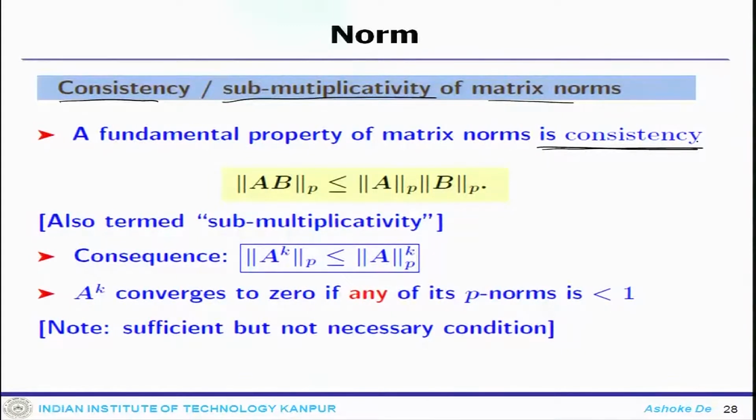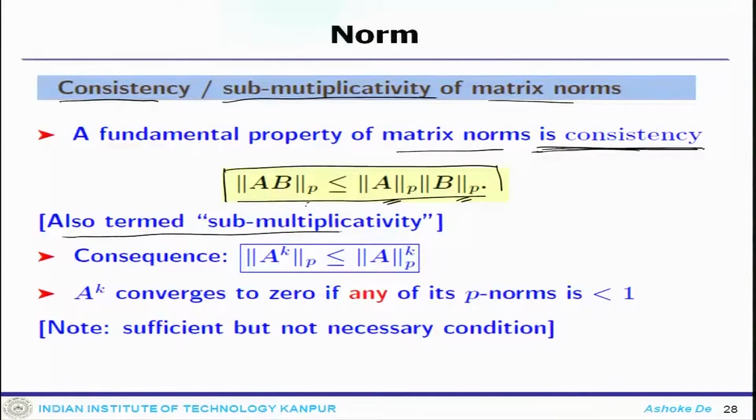You do not want anything which is non-consistent, and for that to happen, some parts, bits and pieces also need to be like that. So, the property of the matrix norm is also going to be consistent, and that can be mathematically expressed like that: the P norm of AB is less than or equal to the P norm of A times the P norm of B. This is called submultiplicability.